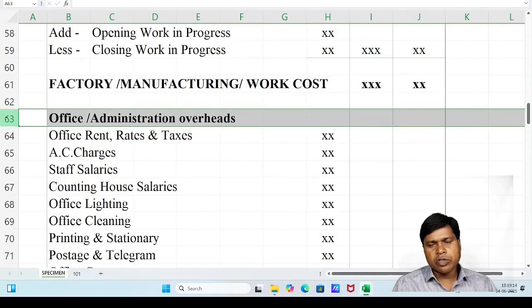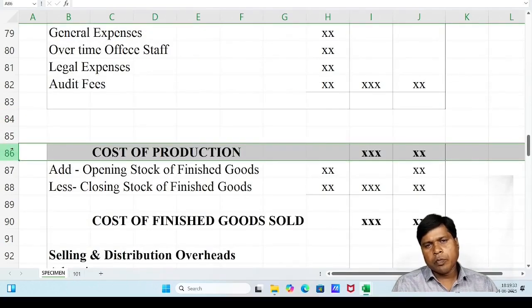After factory cost, we have to add office overheads, which is also called administration overheads. Again, under office overheads there are various sub cost elements, we will see at the time of practical problem. Total of factory cost and office overheads or administration overheads is called cost of production.